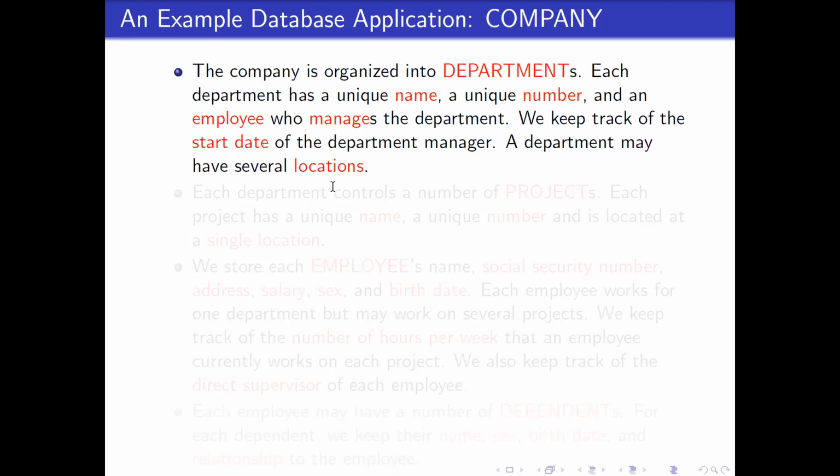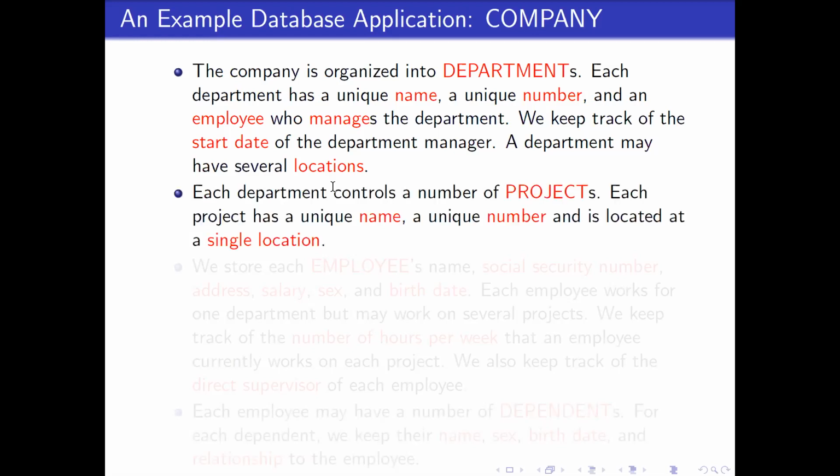We also need to keep track of the start date of the department manager, and a department may have several locations. Next, each department controls projects, and the projects can be described using a name, number, and a location.